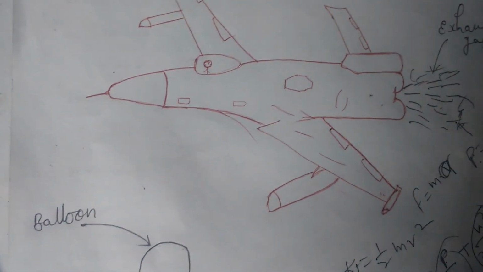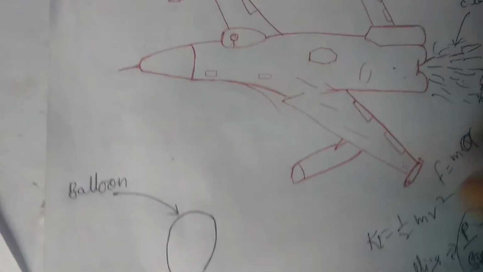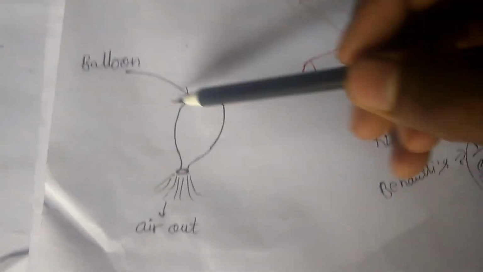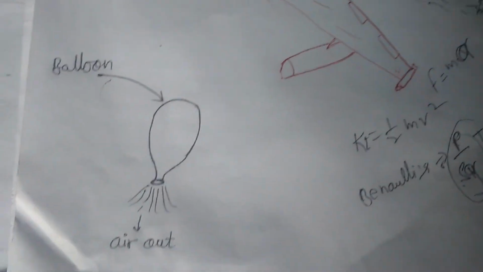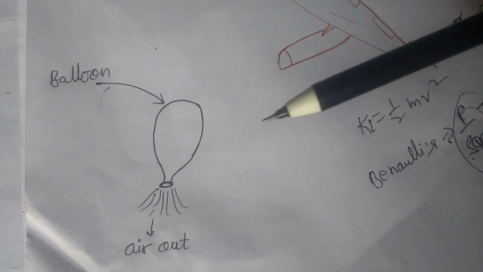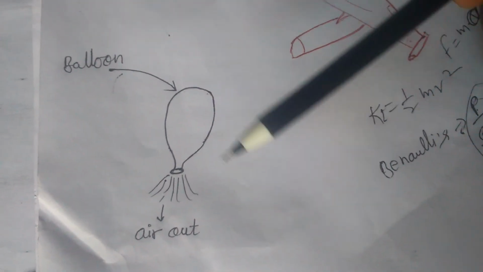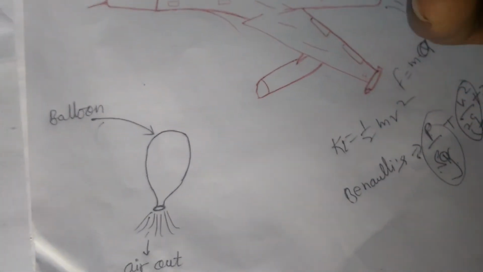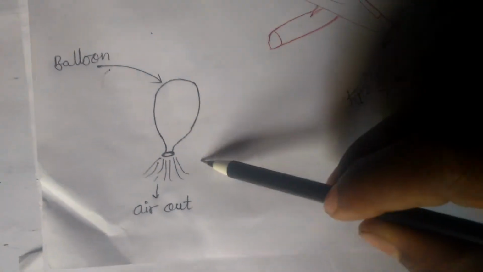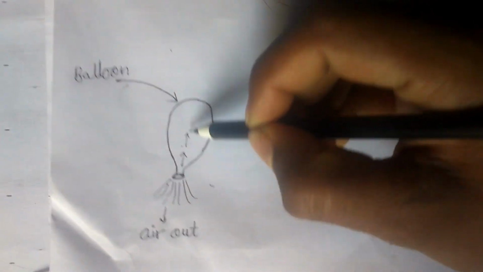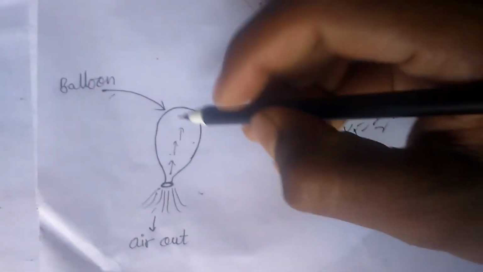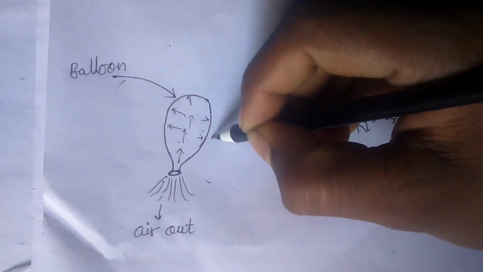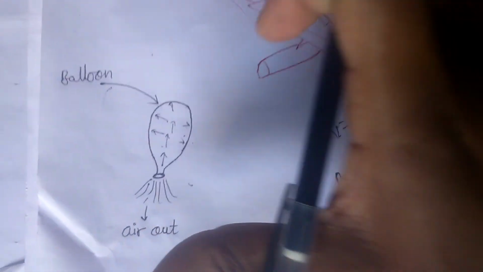Let's take a simple example, a balloon. Friends, we take the example of a balloon to understand how aircraft and spacecraft move forward. When we fill air inside this balloon, it is pressurized and the balloon material gets stretched out.